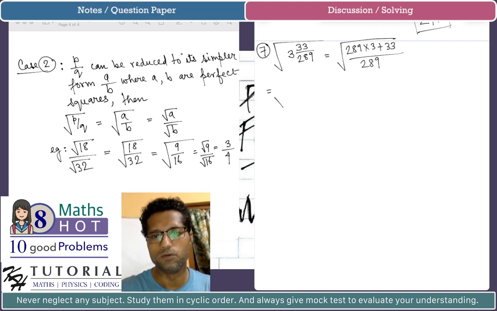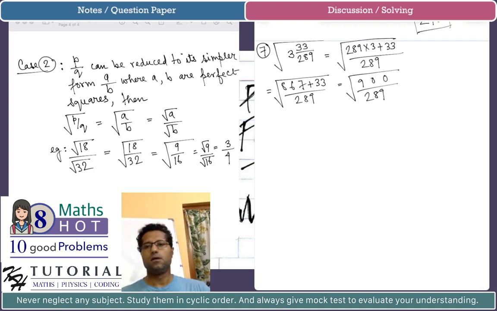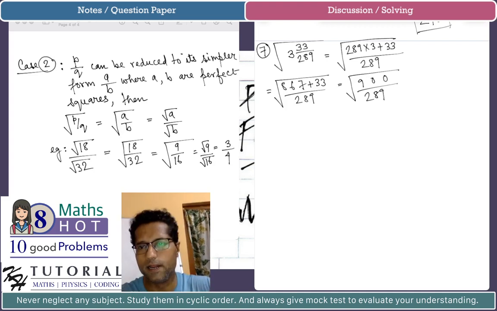So this is equal to 289 multiplied by 3 is 867, plus 33 is 900, divided by 289. Now 289, so we know that 900 is a perfect square, and also 289 is a perfect square.